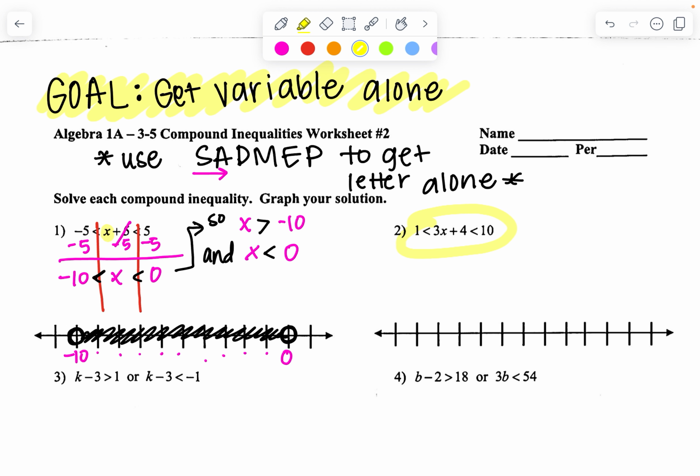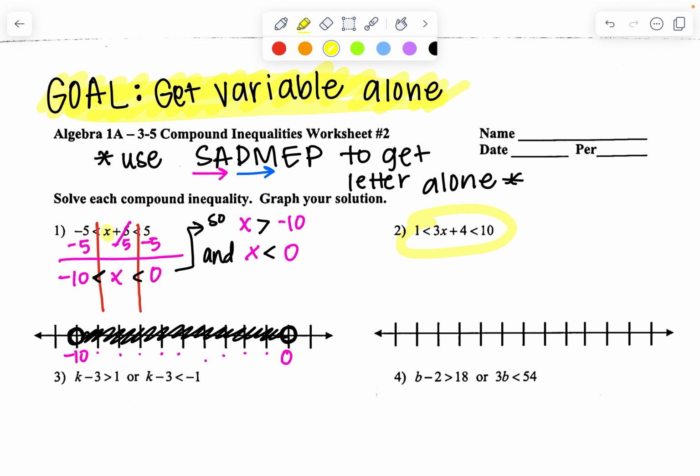And so our goal is to use SADMEP, so PEMDAS backwards, to get whatever letter we're working with totally by itself. So can you add or subtract from left to right? Can you multiply or divide from left to right? And typically there's no exponents or parentheses, but in the event that there was, you'd use that too. And again, our number one goal is just to get that stinking variable all alone.